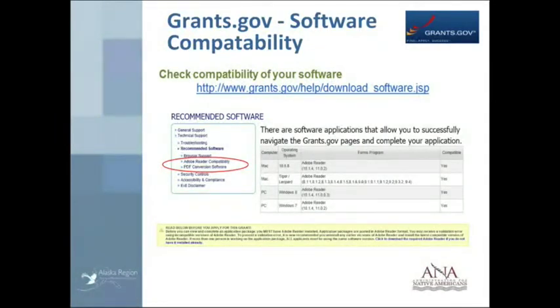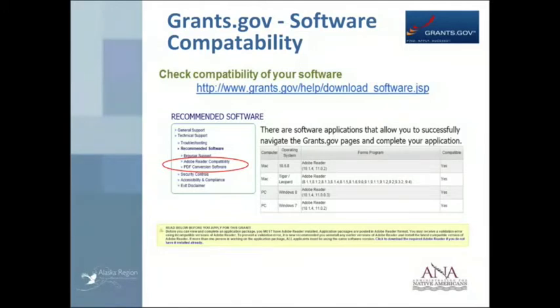So if you go to the Grants.gov software compatibility site, I've pulled this up on the screen here, you can check out which versions of Adobe Reader are compatible. And for Windows 7, Grants.gov is recommending version 11.0.2.